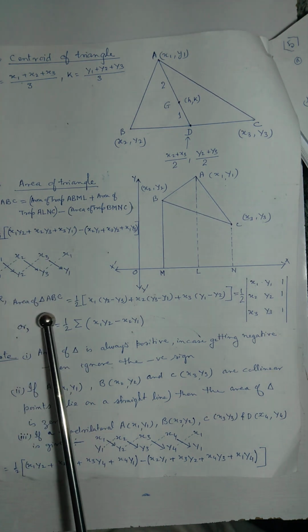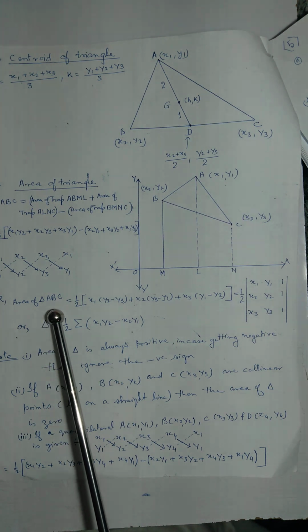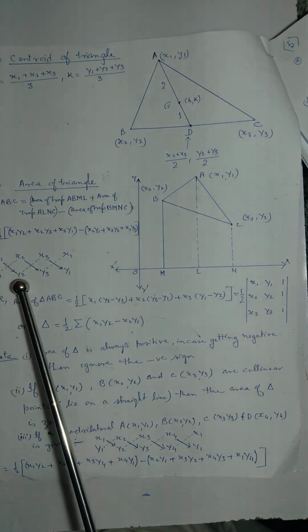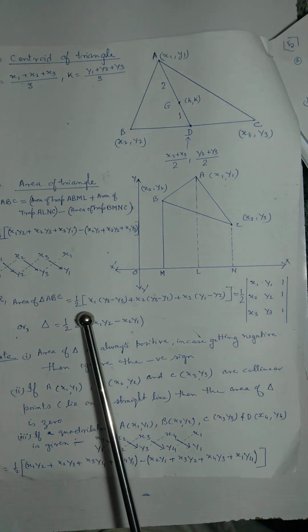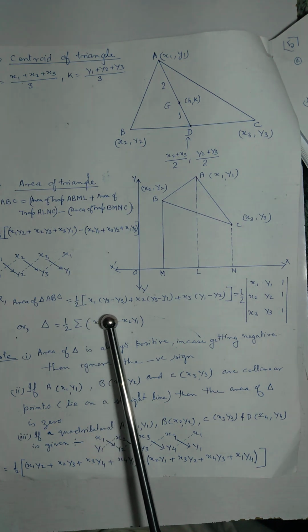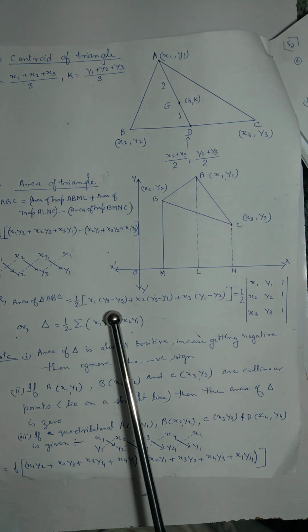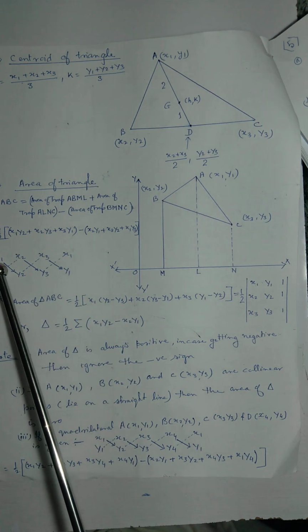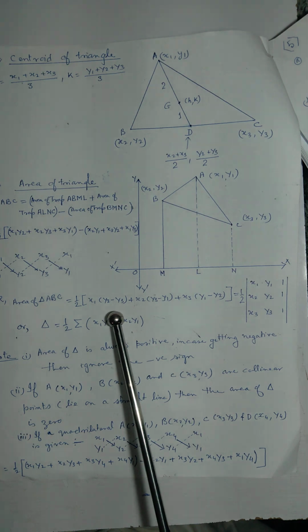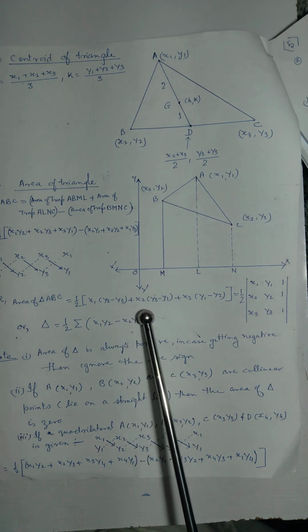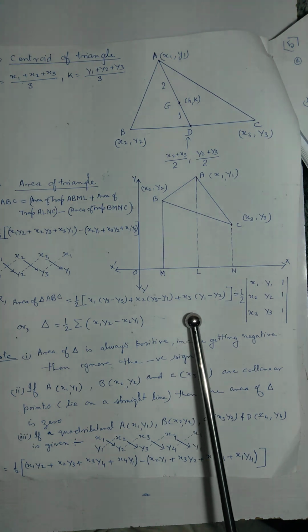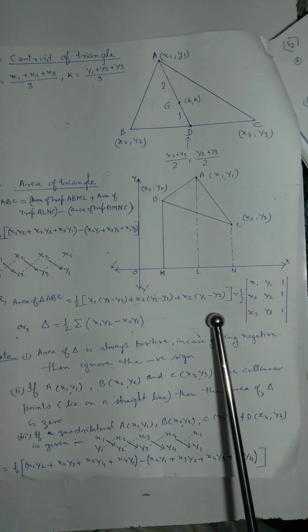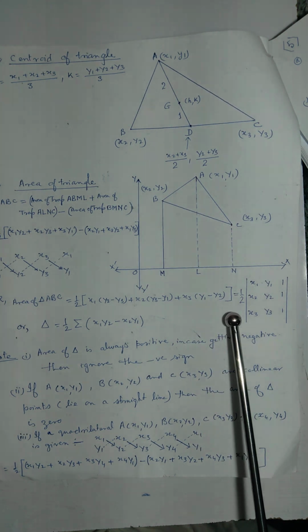Now the area of the triangle ABC with the help of the dark line. First of all you multiply along the dark line, that is 1 by 2 x1 (y2 minus y3) plus x2 (y3 minus y1) plus x3 into (y1 minus y2), bracket closed.